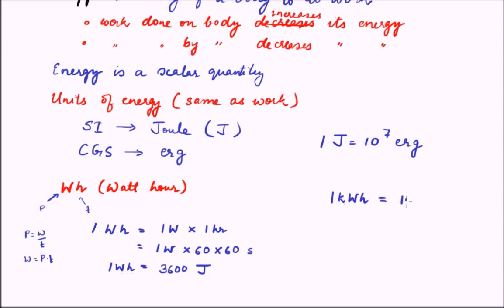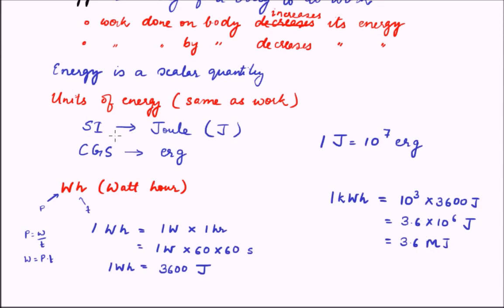That means 10 to the power 3 times 3600 joule. That will turn out to be 3.6 into 10 to the power 6 joules. And this can alternatively be written as 3.6 megajoule, because 10 to the power 6 joule is a megajoule.